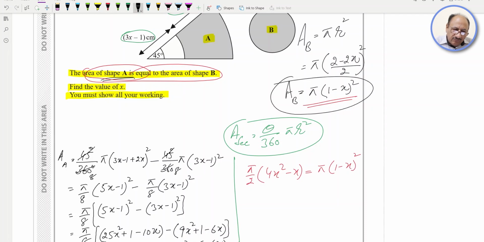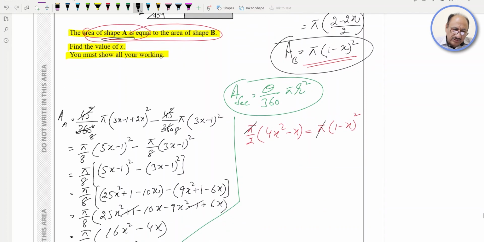So pi will be cancelled from both sides and we can shift 2 to the other side, so the equation will become 4x squared minus x is equal to 2 into 1 minus x whole squared.